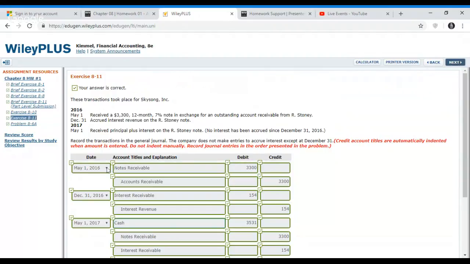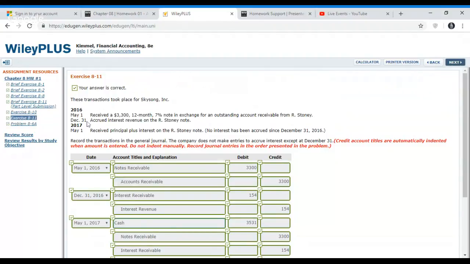Down here on May 1st, the account receivable that before we had debited, we now have to credit to make room for a debit of this note receivable. So this note receivable will be for the value of that $3,300, and then we credit accounts receivable $3,300.